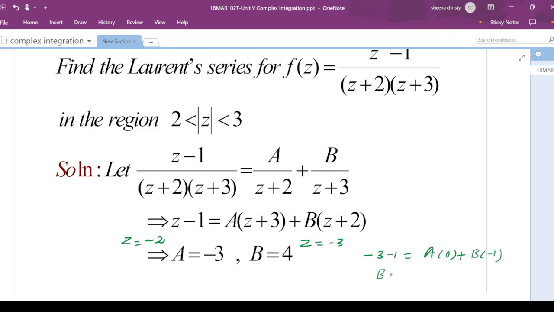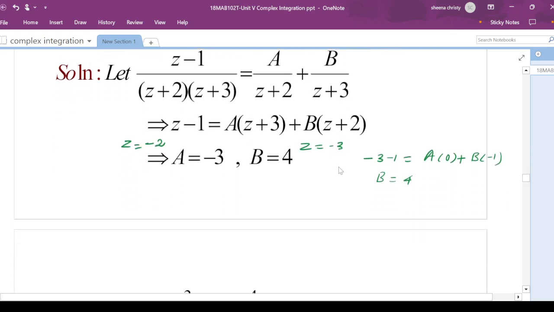Therefore, B equals 4. So, finding the values of A and B and substituting here, you will get minus 3 by z plus 2 and 4 by z plus 3.